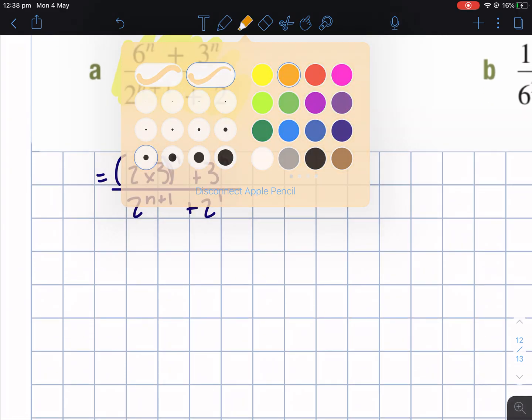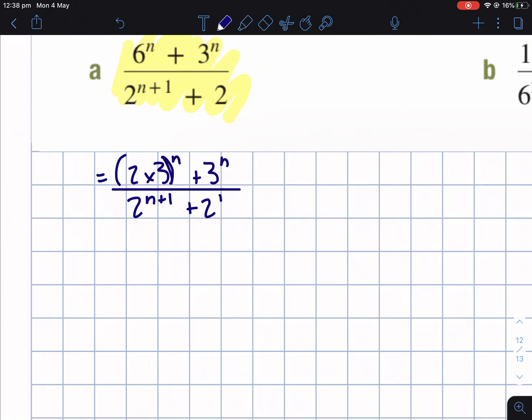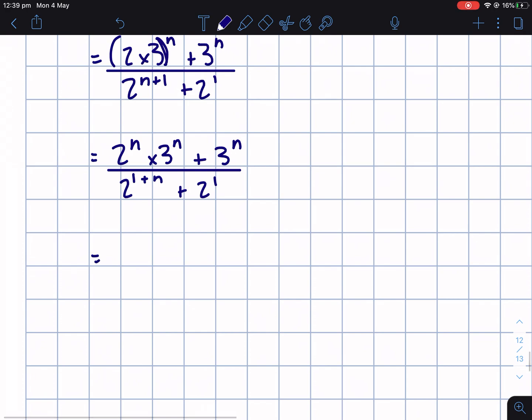So this is the same as 2 to the n times 3 to the n plus 3 to the n. And this is the same as 2 to the 1 plus n plus 2 to the 1. You're going to see why I did that shortly.